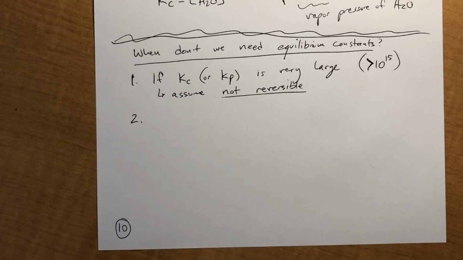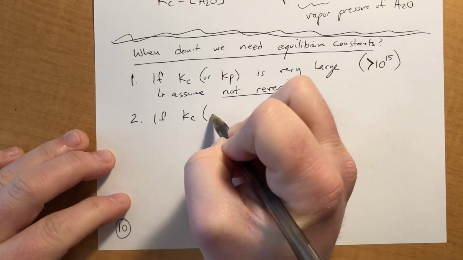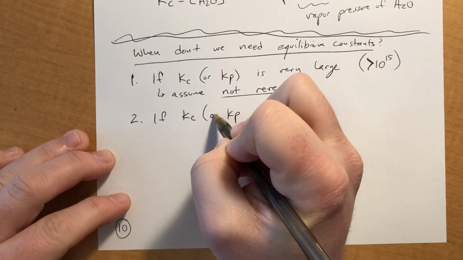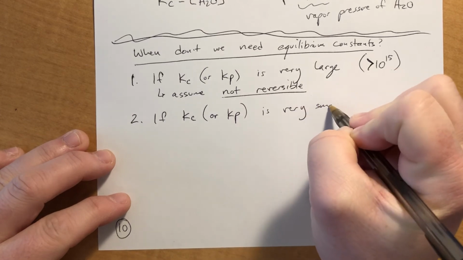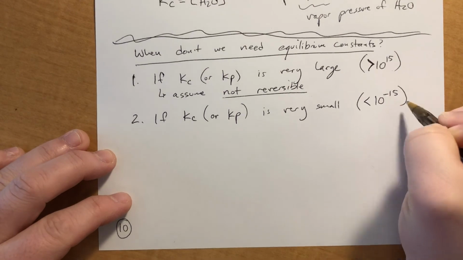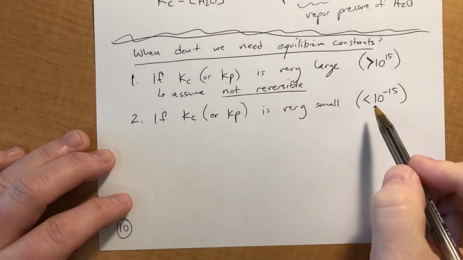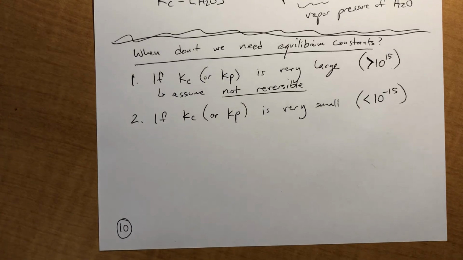Okay. Similarly, if Kc or Kp is very small, which would basically be less than 10 to the negative 15th. Anything from 10 to the negative 15th to 10 to the positive 15th, we need to worry about the equilibrium constant.